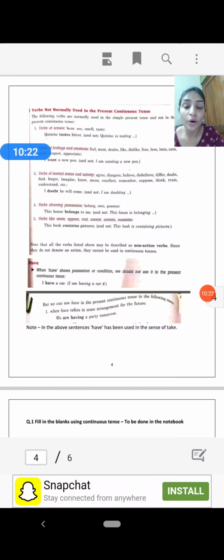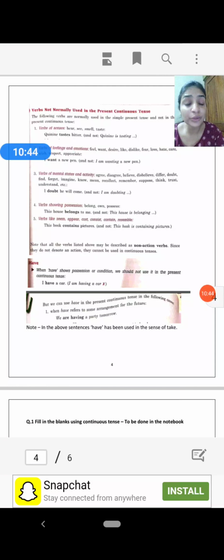Okay, the above verbs are also not used in the present continuous tense, like we read in the above lines, and have also. But do not get too confused, because it is very simple. You will get to know what the verbs are that you cannot use, because the sentence will itself tell you, it will sound wrong.